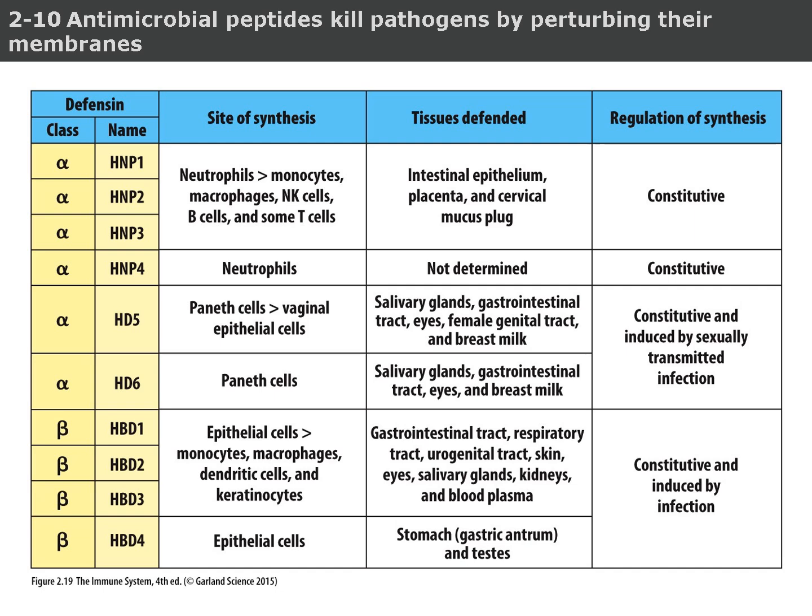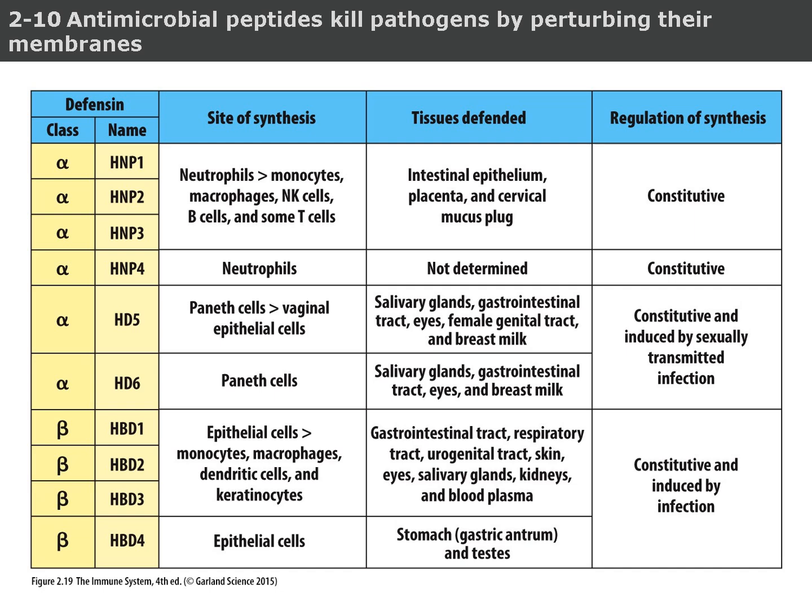HD5 is additionally produced by vaginal epithelial cells. These defensins defend a broad range of tissues, including the salivary glands, gastrointestinal tract, eyes, female genital tract, and breast milk. Their production is both constitutive and can be upregulated, especially in response to sexually transmitted infections in the case of HD5.